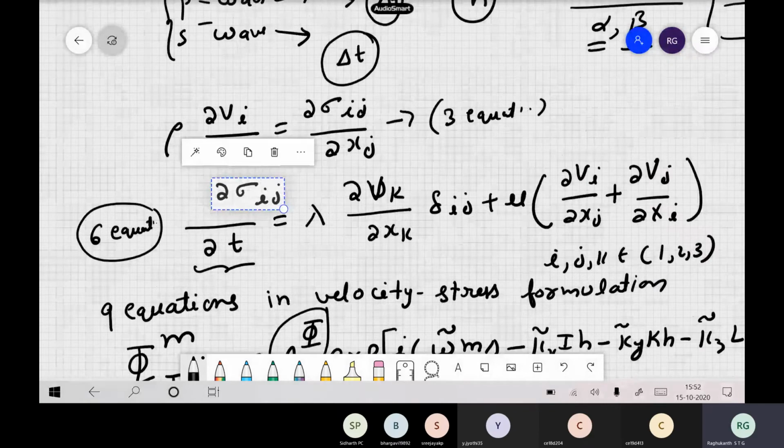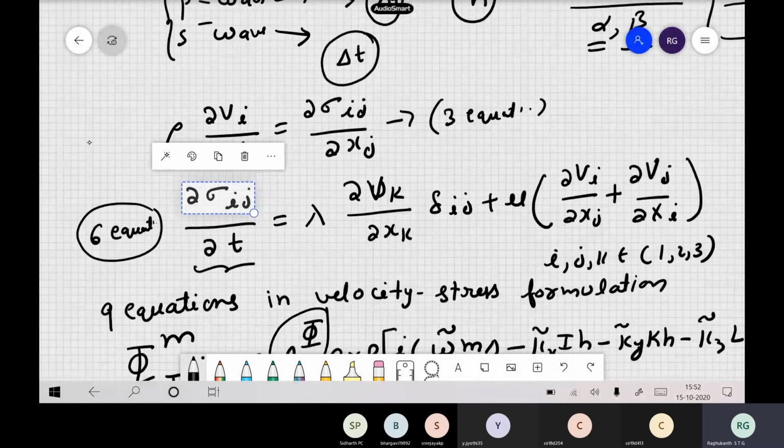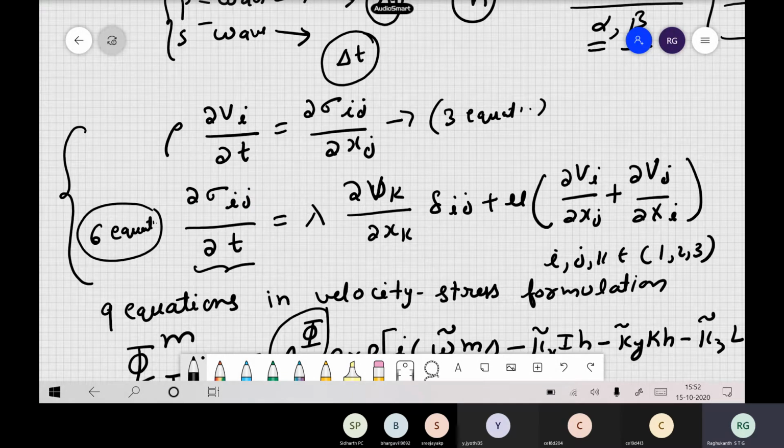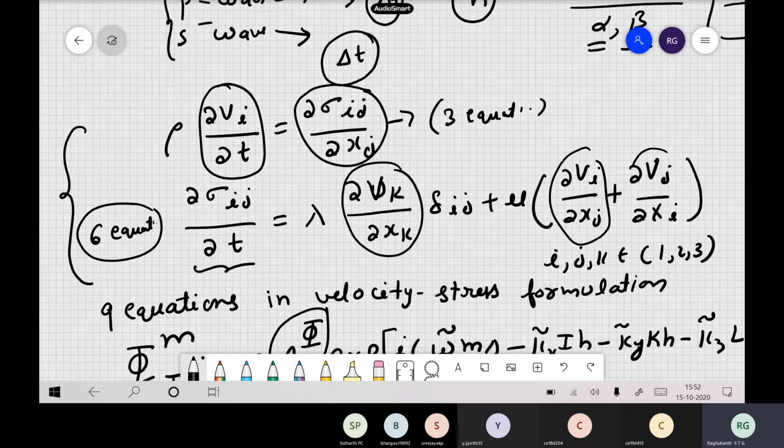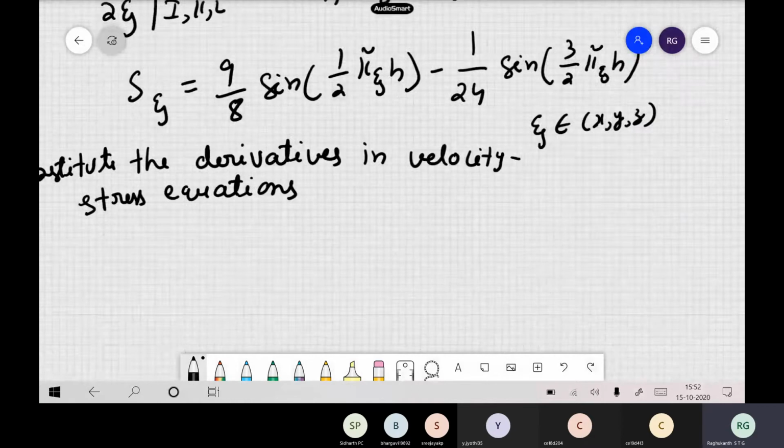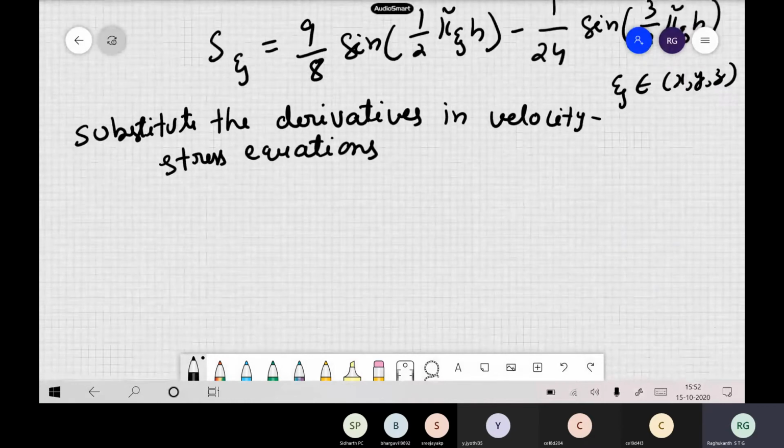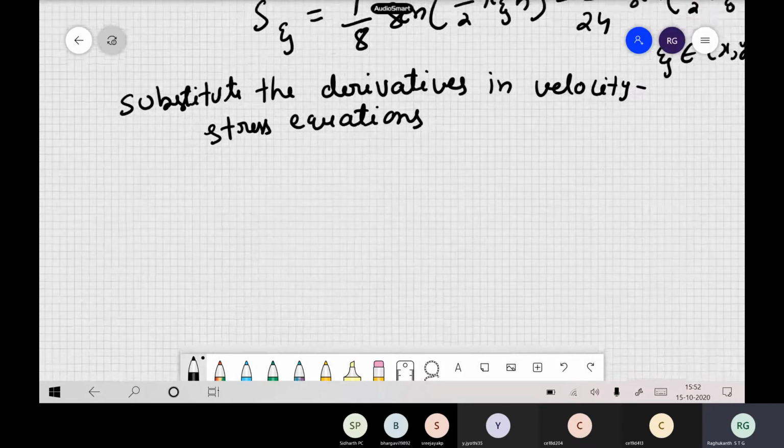So here you substitute all the derivatives in these terms, all those derivatives. Now if I substitute all the terms, some big equations come, so I will just write a few of them.